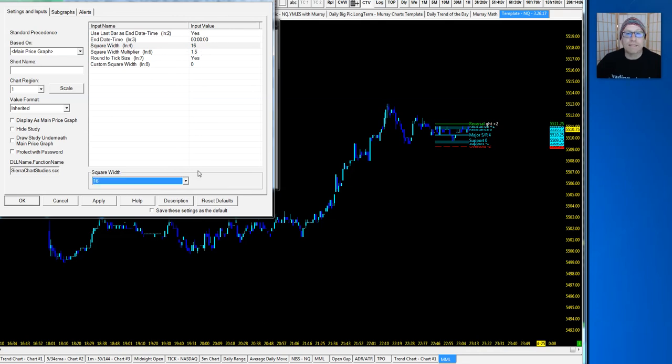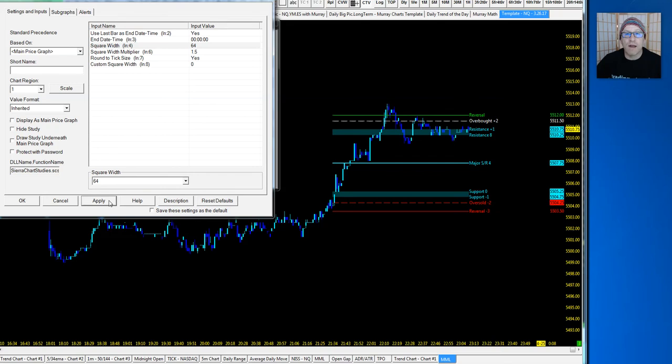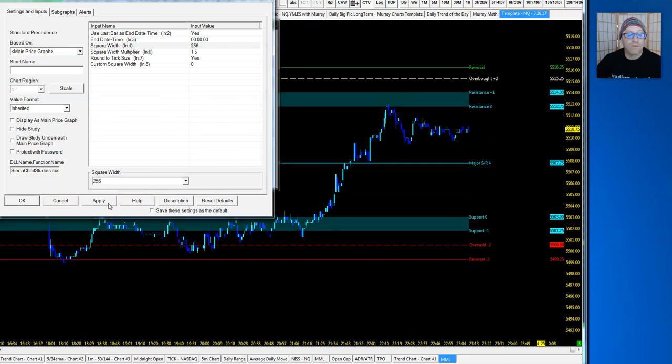So again, 64 is the basic level entry that I like to start with, even though I do watch some levels using 32, but that usually is like a 4-hour range chart. And then, on the larger time frames, we can go all the way up to 256. 256 is great, especially if you're swing trading.